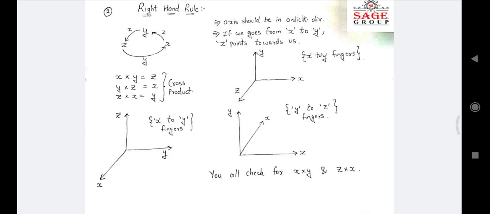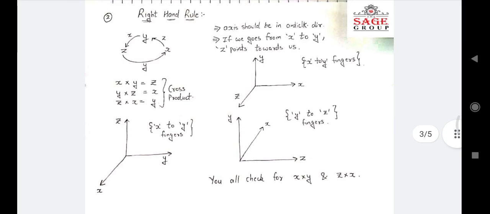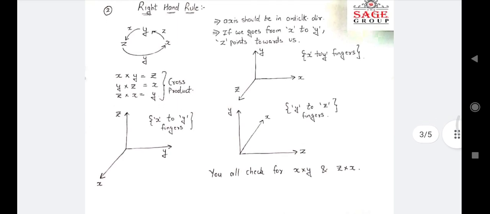In the second figure also x to y fingers, so the z-axis gives the direction, that is, your thumb is on the uppermost part. And for y to z fingers, you are curling the fingers from y to z, so your thumb will point in the direction of x, and the x will be inside the copy, or I can say right now, inside the screen.